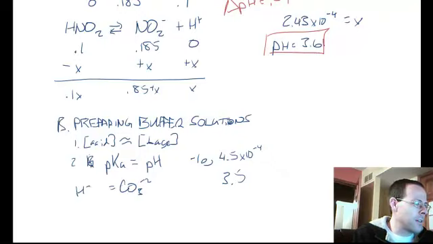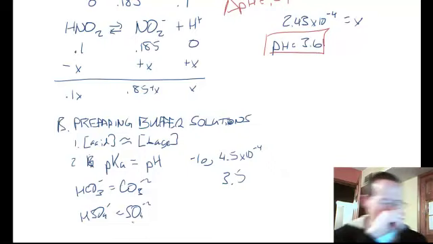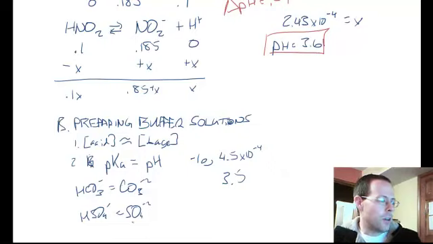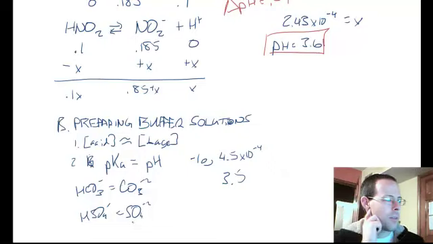Or I think we have sulfate buffers as well, so sulfate 2- and hydrogen sulfate would be its conjugate acid. I don't know what the Ka values of either of those are, but again, just some things to keep in mind when preparing a buffer solution.